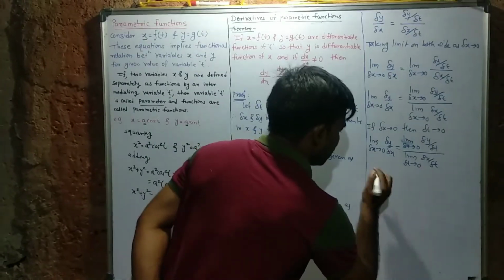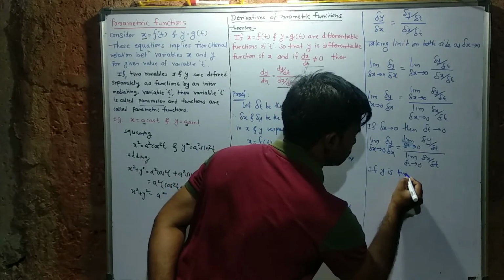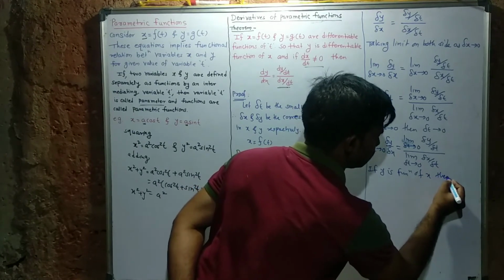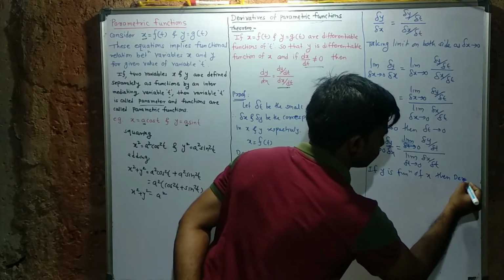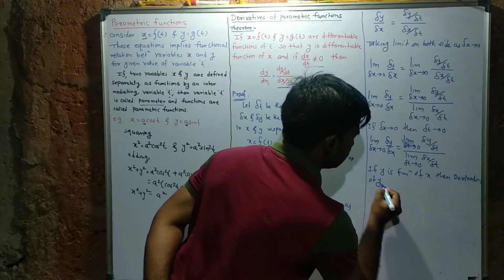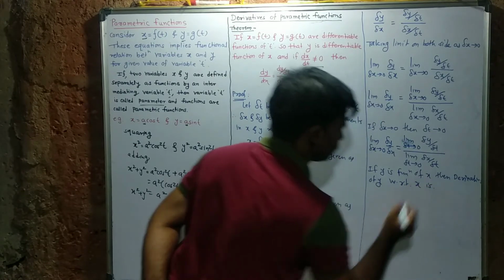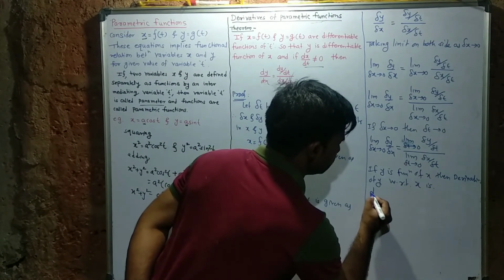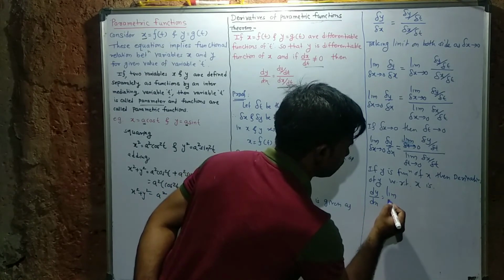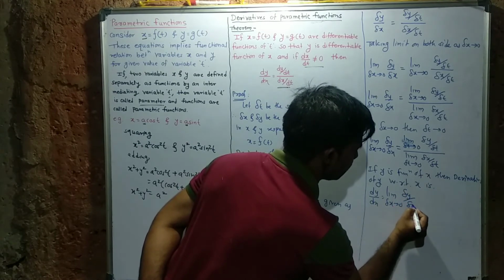Now, if y is a function of x, then the derivative of y with respect to x, dy by dx, is the limit as delta x tends to 0 of delta y divided by delta x.